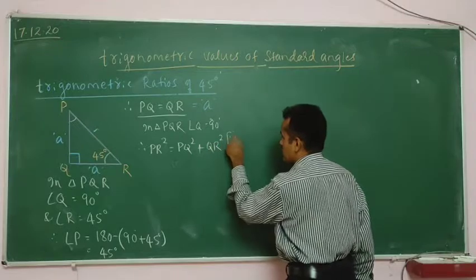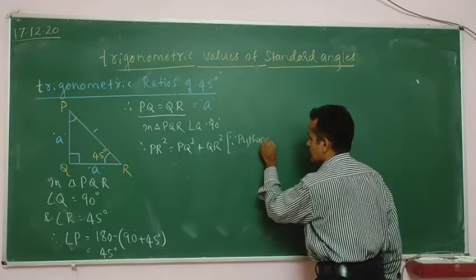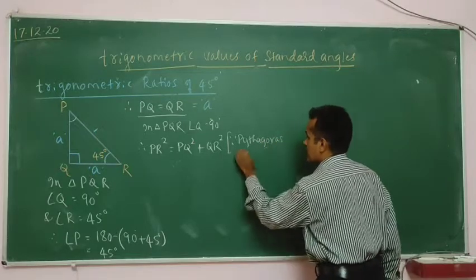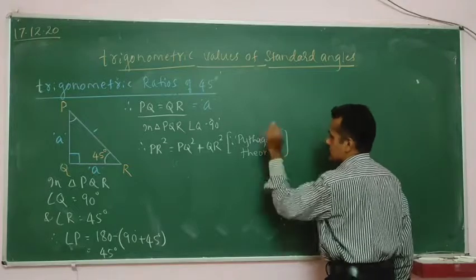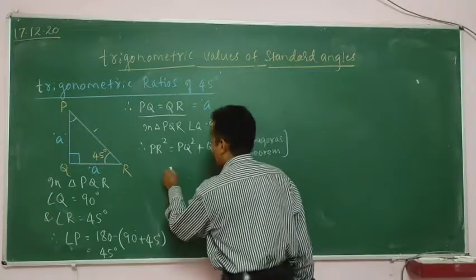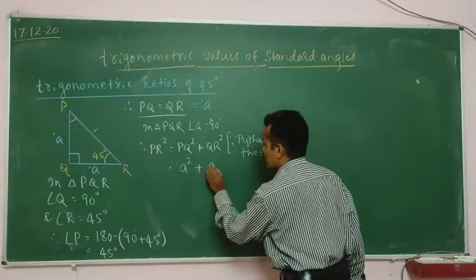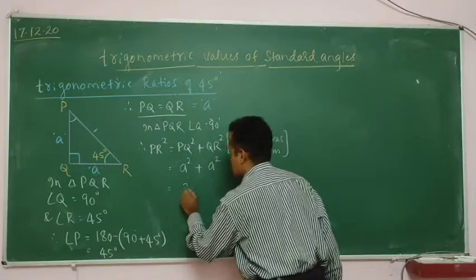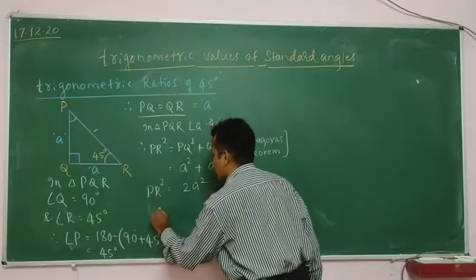This is because of Pythagoras theorem. Okay, I have to find PQ. This is a square, QR is again a square, which is equal to 2a square. What is PR square equal to?